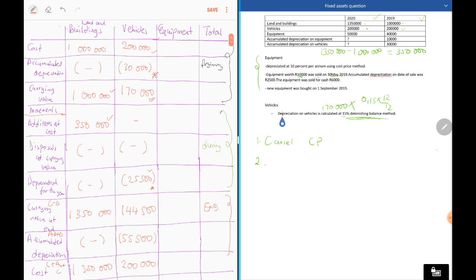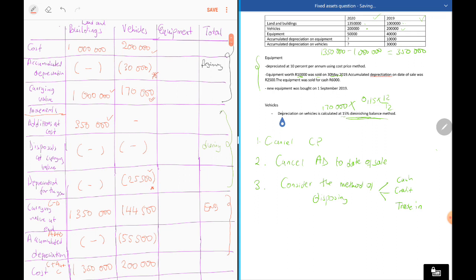Step number 2, you cancel the accumulated depreciation to date of sale, right? Step number 3, you now consider the method of disposing the asset. There are 3 methods actually. You can sell it for cash or on credit or trade it in.